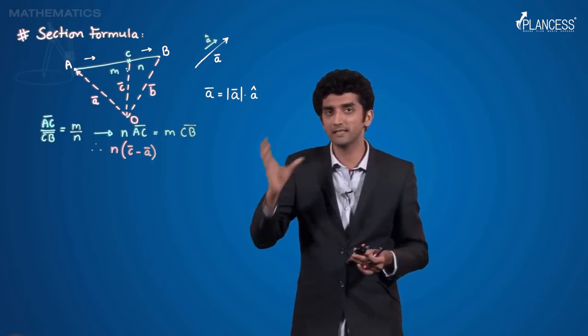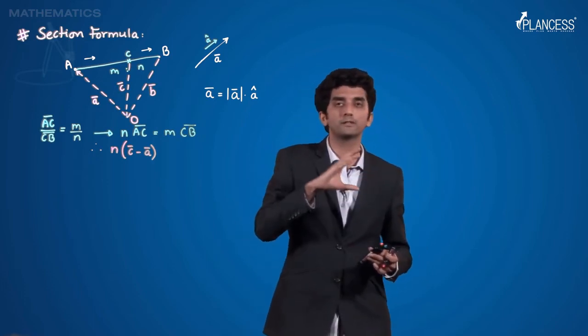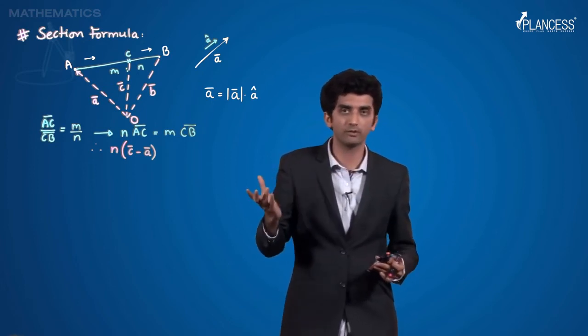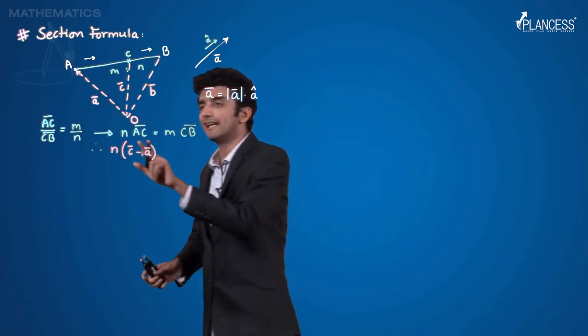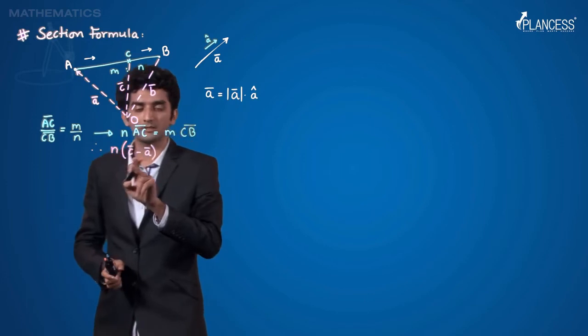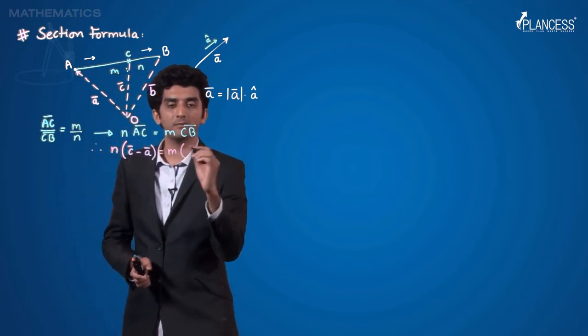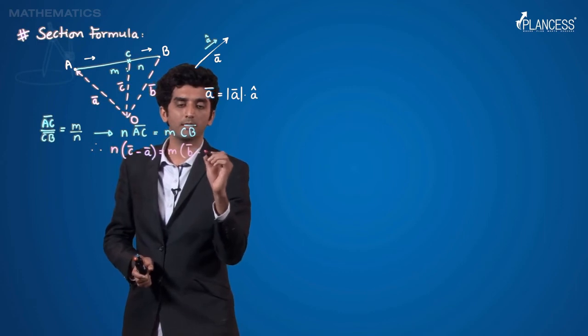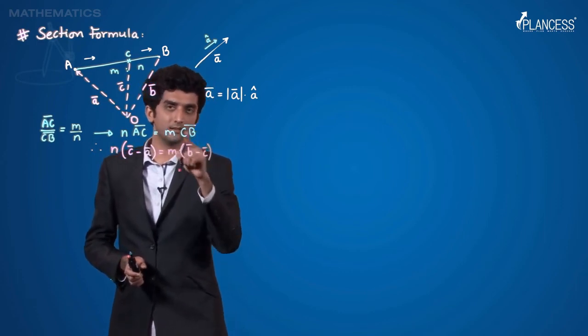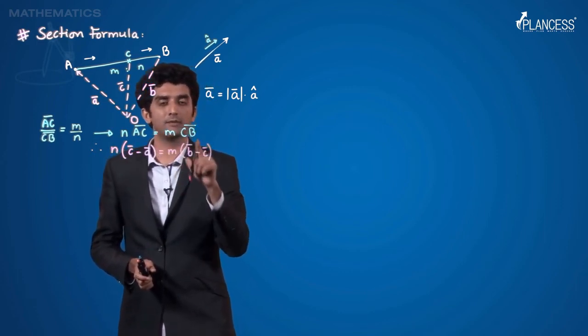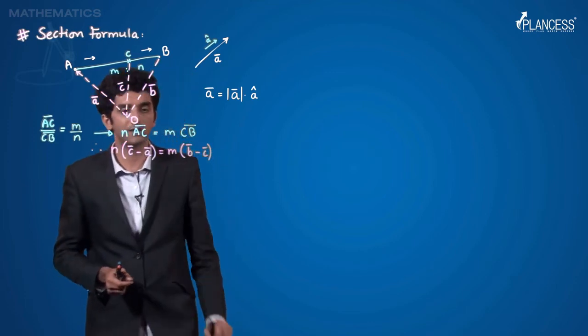So basically representing a vector in terms of the corresponding position vectors of the points is what we are doing here. AC bar can be written as small c bar minus small a bar, m, and CB bar can be written as small b bar minus small c bar. The terminal letter first minus the initial letter. This is how we write it.